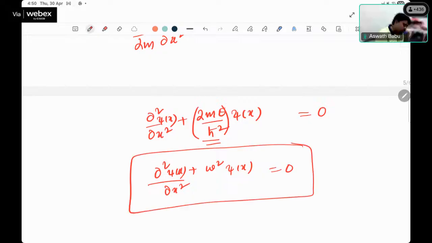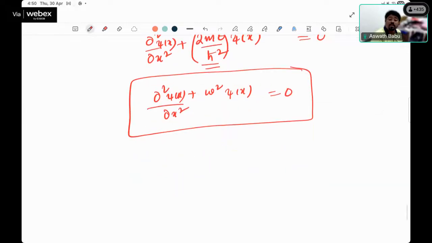This is a second order linear differential equation. I'm sorry, it's not omega, it has to be k squared. This will have sinusoidal solutions with some amplitude, sine of kx. If you substitute it here, it is going to satisfy.